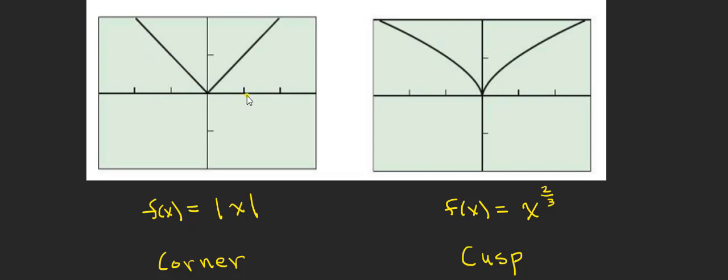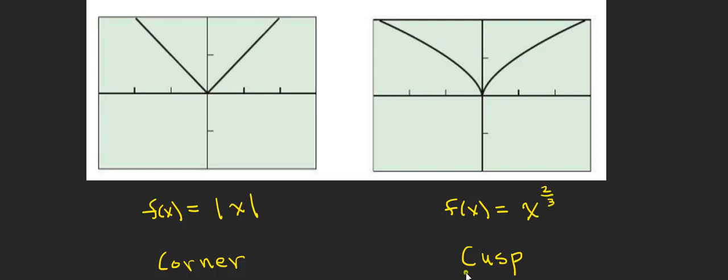The slope as you approach from the right, that is the slope of absolute value of x, is positive 1. So since they have a different slope when you approach 0 from the left and from the right, it's not differentiable at x equals 0.